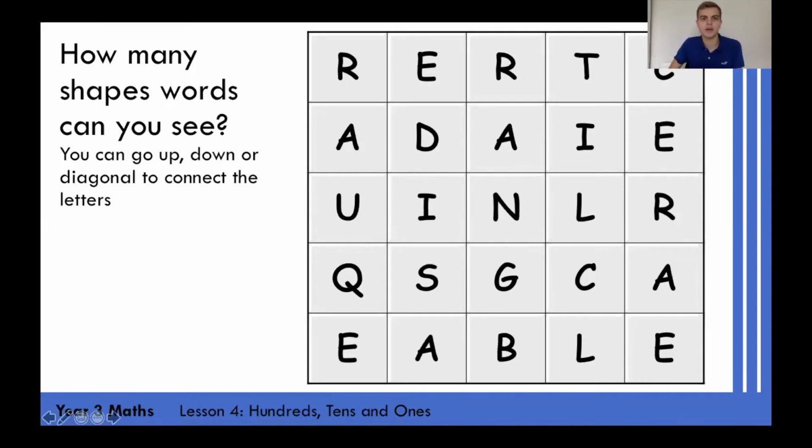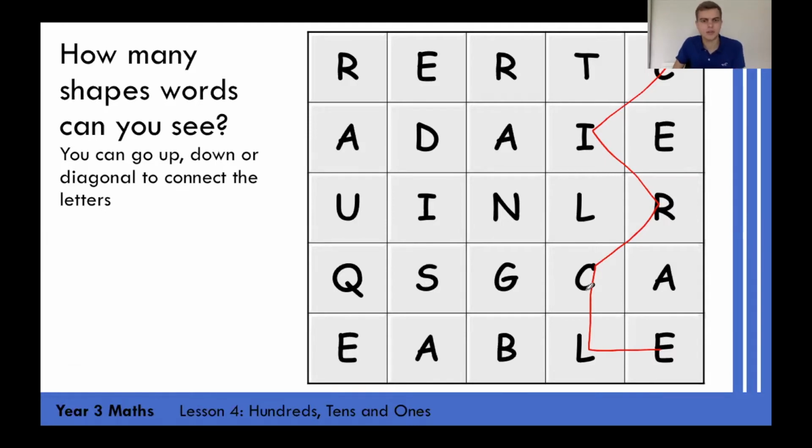So for example, if I show you what I mean, I have hidden the word circle in here. Let's see, C-I-R-C-L-E. Circle. So can you see on some of them I've gone down, some of them have gone across, some have gone diagonal, but I've spelt the word circle by joining those letters together.